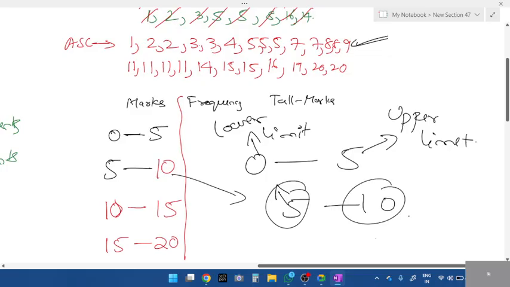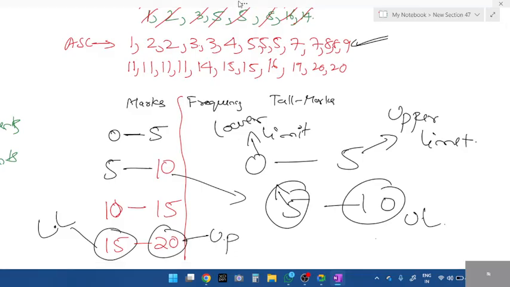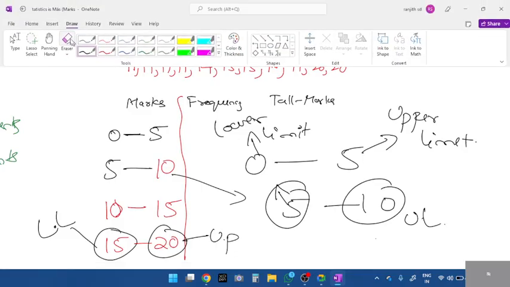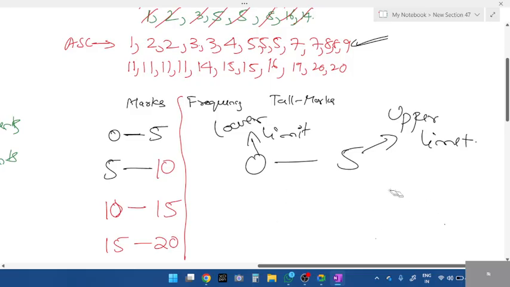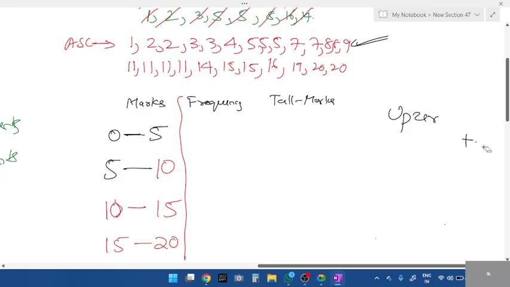Which is the upper limit? 10. In 15 and 20, which is the lower limit? 15. Very good. 20 is the upper limit. Remember that concept. Next, continuous is done. Upper limit and lower limit are done.